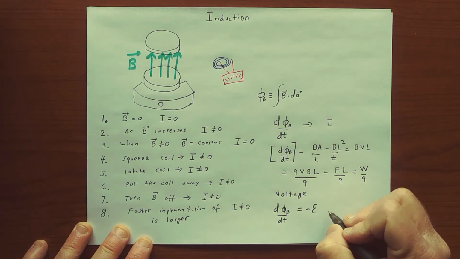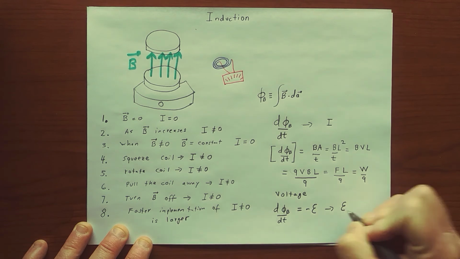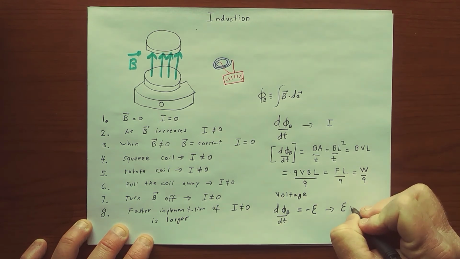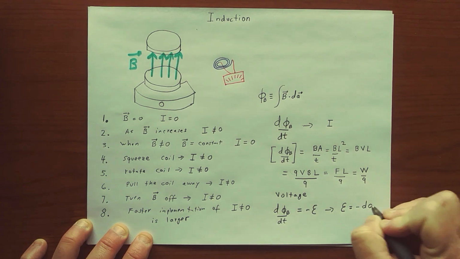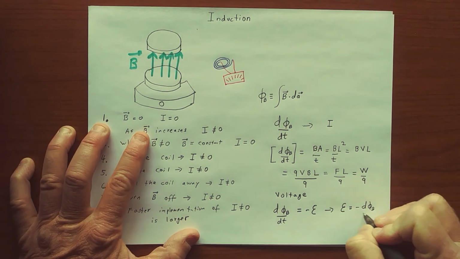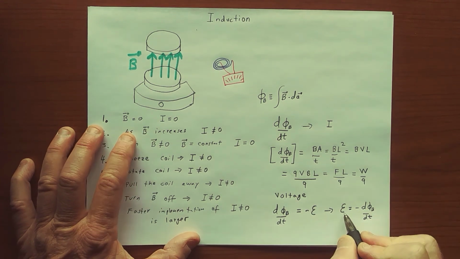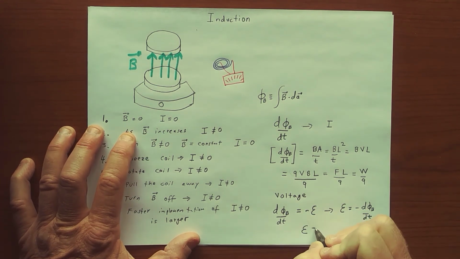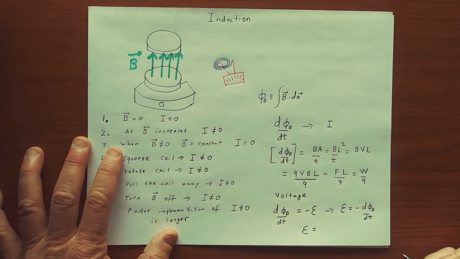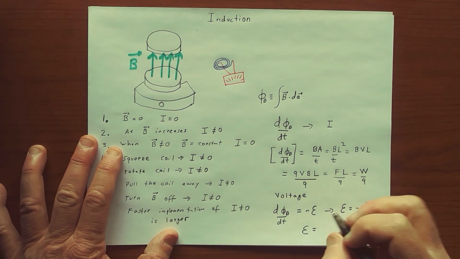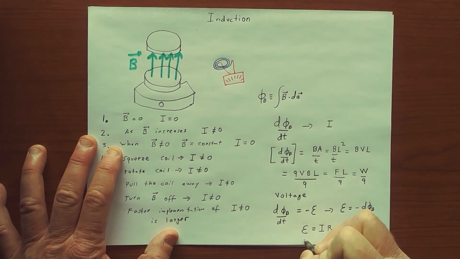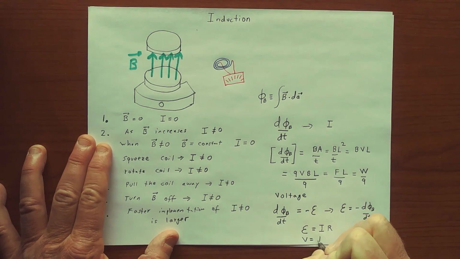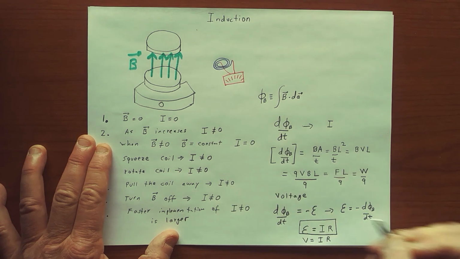Maybe we can flip this around and write that there is an induced voltage in a coil that depends on the changing magnetic flux, but this voltage, by Ohm's law, is related to the current. So we have current times resistance. Right? This is a version of Ohm's law, V equals IR, but for induced currents.